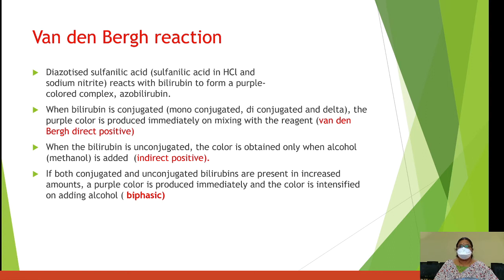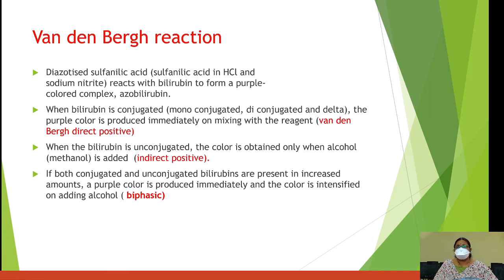The conjugated bilirubin may be monoconjugated or diconjugated, and delta bilirubin. All these bilirubins react with van den Bergh reagent, and immediately the color is formed on mixing with the reagent. So that reaction is called direct positive. If the bilirubin is unconjugated, the color is obtained only on addition of alcohol.